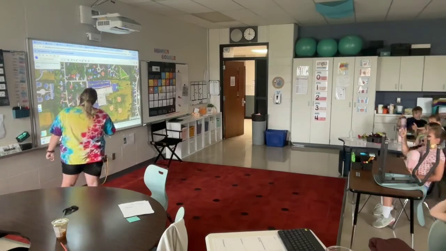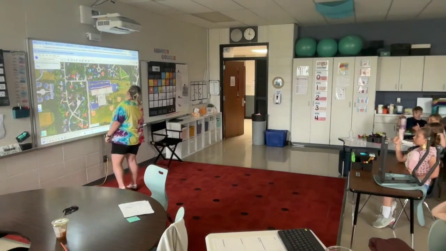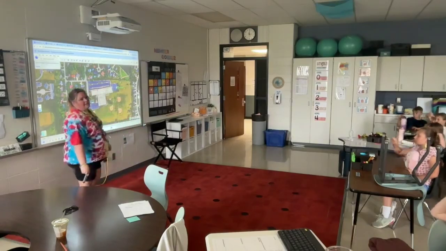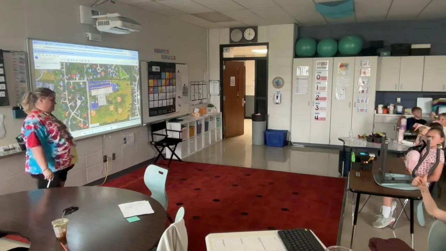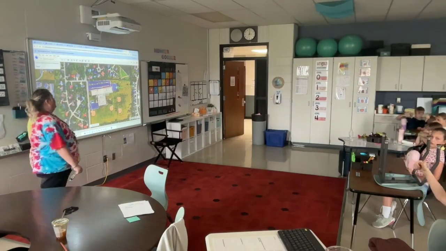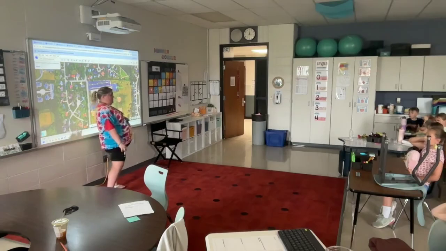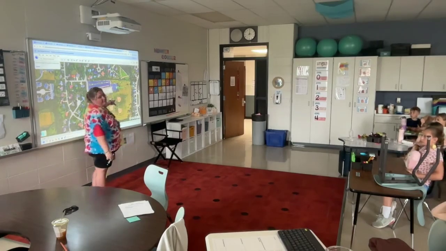Okay. What about this baseball field? Physical, human. Now, the dirt that might be there might have already been there, but did nature make the lines of a baseball field?